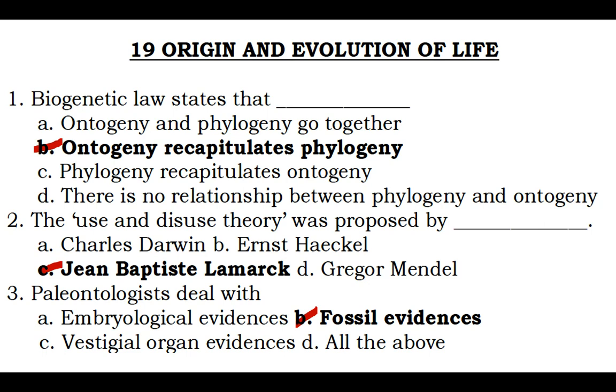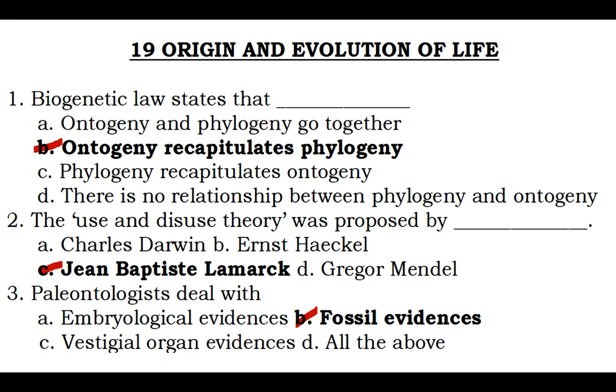Nineteenth lesson, origin and evolution of life. Question number 1. Biogenetic law states that option B, ontogeny replicates phylogeny. Question number 2.